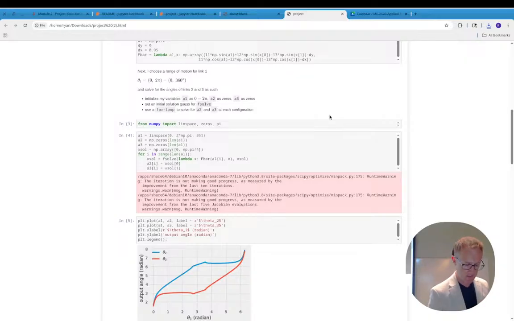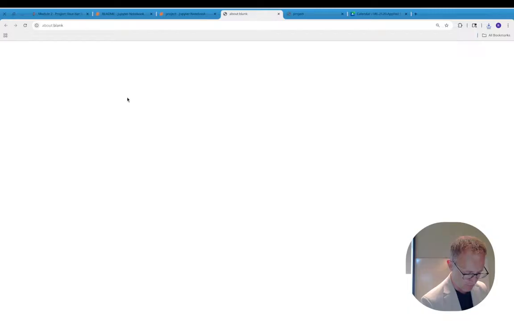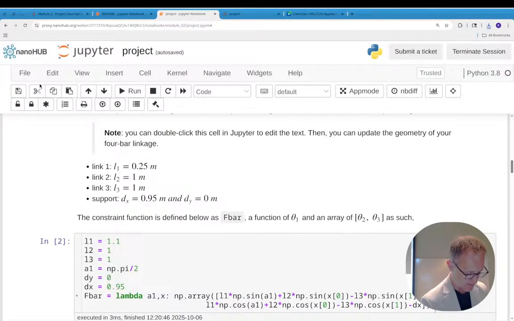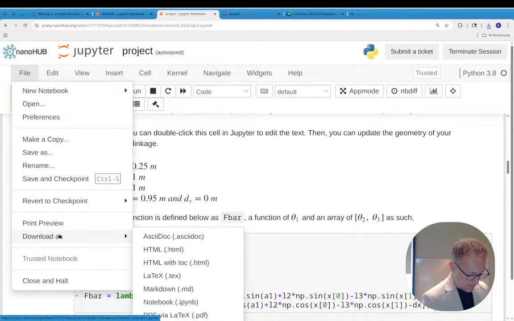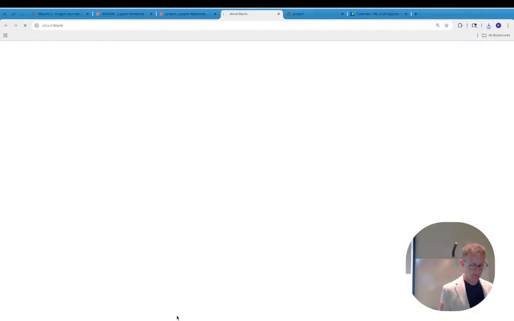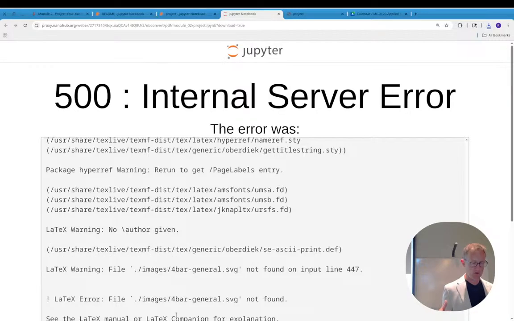What I thought you were talking about was that a lot of times if you try to download via LaTeX, it'll come up with this 500 server error of something in the background went wrong. There are ways to fix this, but then you have to do LaTeX troubleshooting, so we don't have to worry about it. HTML or a print preview is fine.